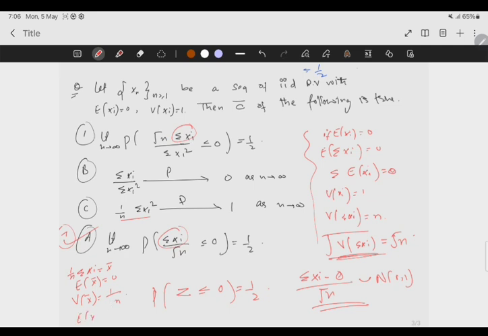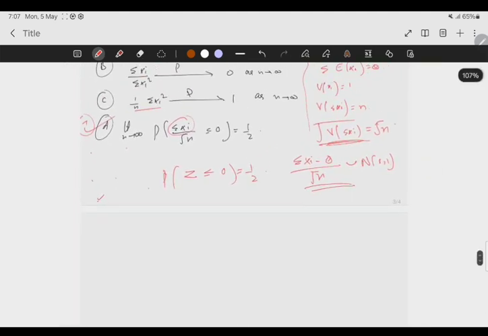So what is expectation of X bar square? That is 1 upon n plus 0. Clear. So this is 1 upon n plus 0, that's the variance of X bar. So let's write this again.